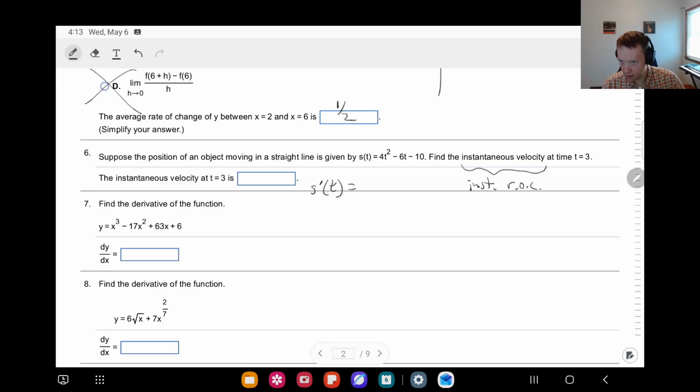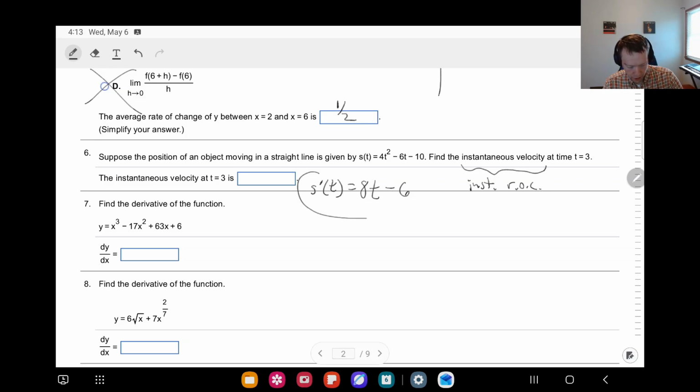So we're free to use power rule on this. So bring that 2 down, 2 times 4, 8t, minus 6. The negative 10 term will go away. Its derivative is 0.